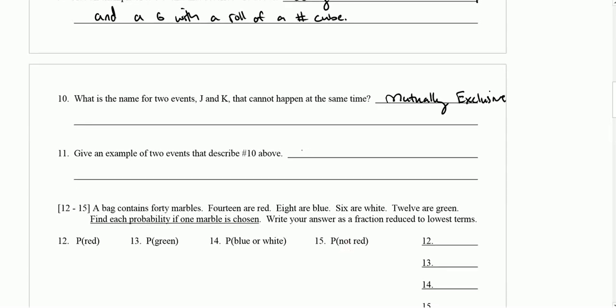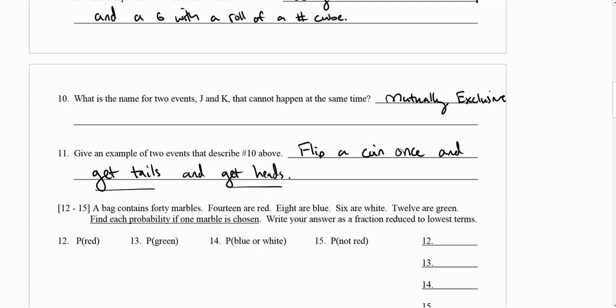So flip a coin once and get tails, and at the same time get heads. Can't get both at the same time, so the event of getting tails and getting heads would be mutually exclusive. They can't happen at the same time.